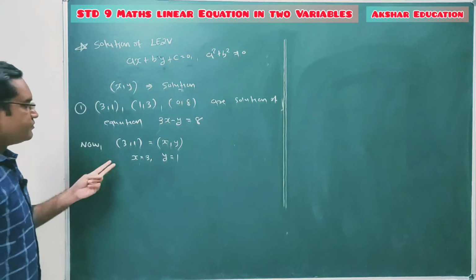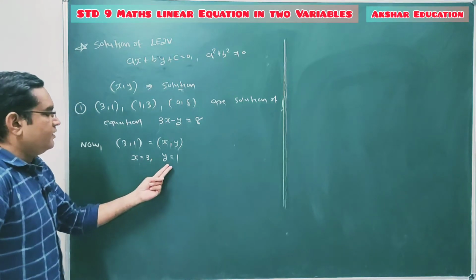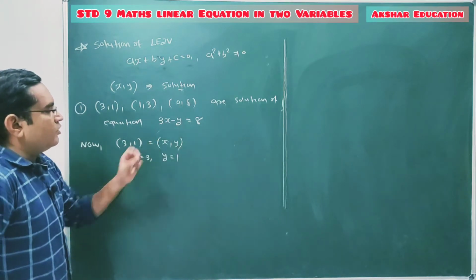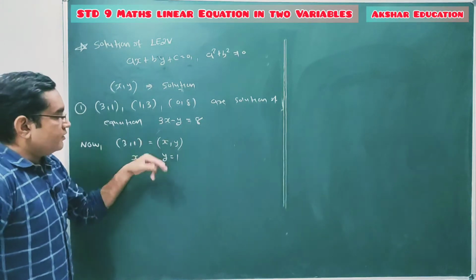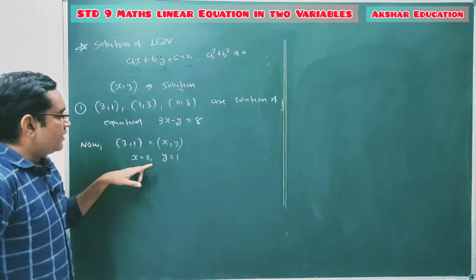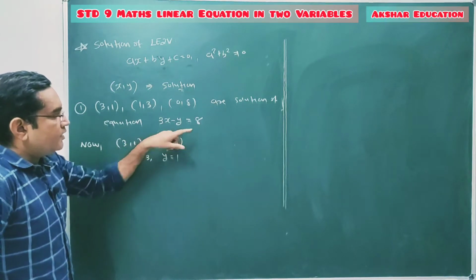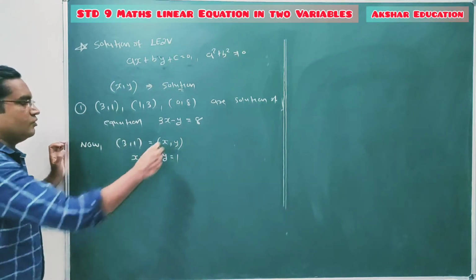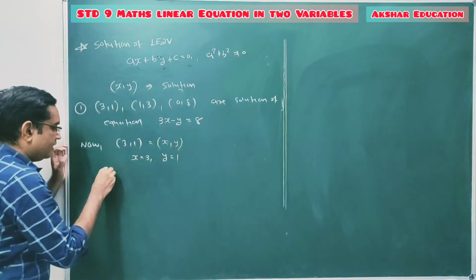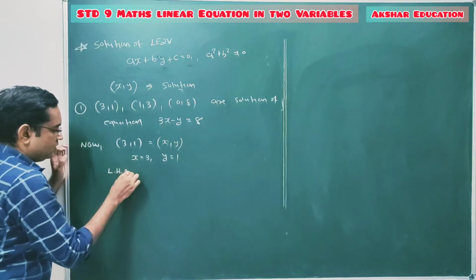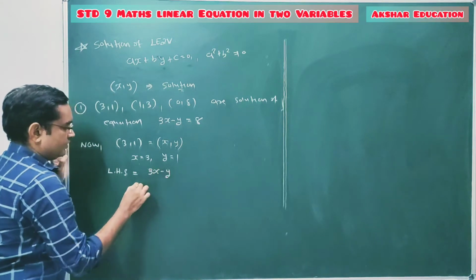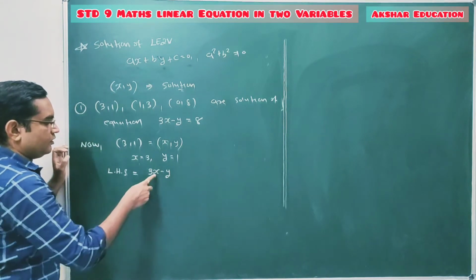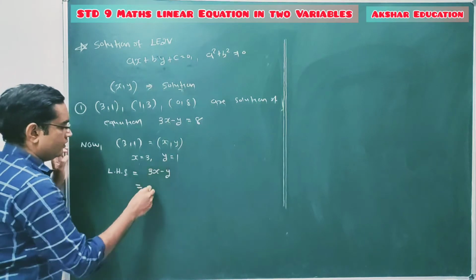Now to check whether these values of x and y are the solution of this given equation or not, we have to put these values in this equation and check whether they satisfy it. So we start with the left hand side, which is 3x minus y. Now put x equal to 3 and y equal to 1.